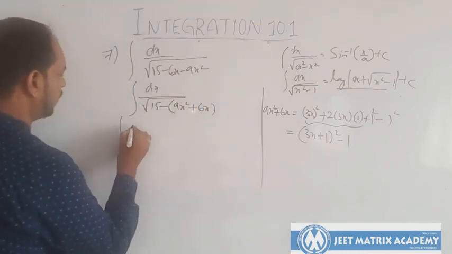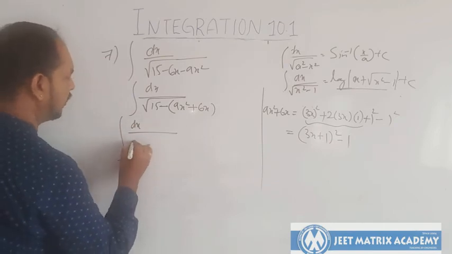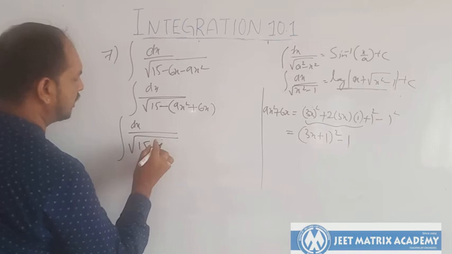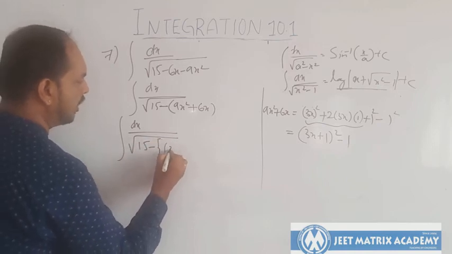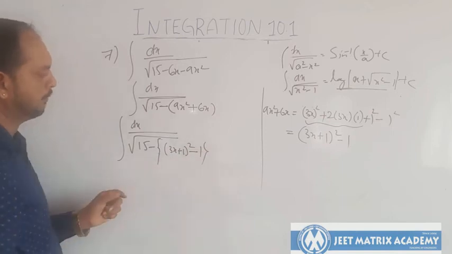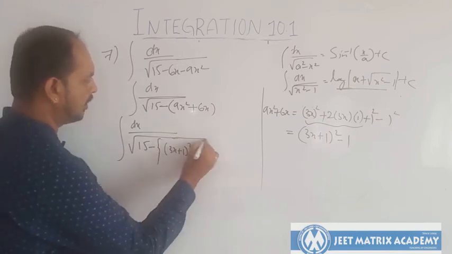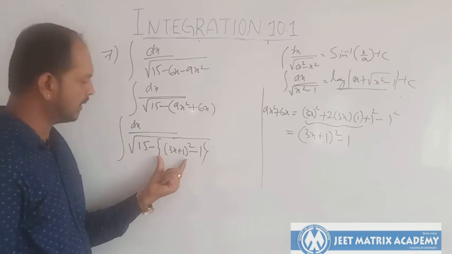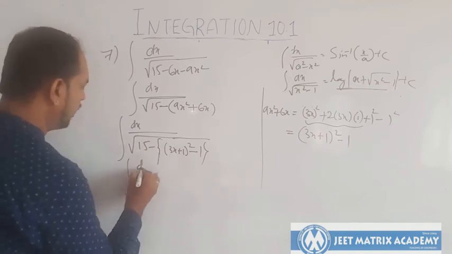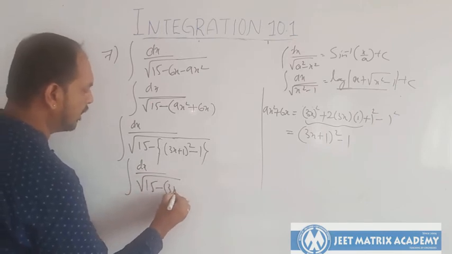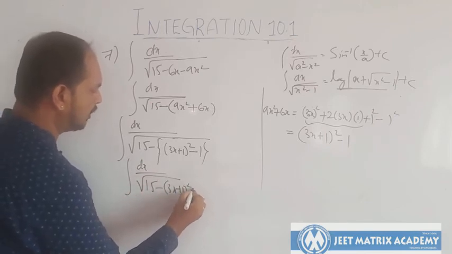Now I'll substitute here, dx divided by root of 15 minus, instead of this I'll put a flower bracket, 3x plus 1 whole square minus 1. Now see, 15 minus of, when you open the bracket, what happens? Dx divided by root of, very careful, minus 3x plus 1 whole square, this is plus 1.